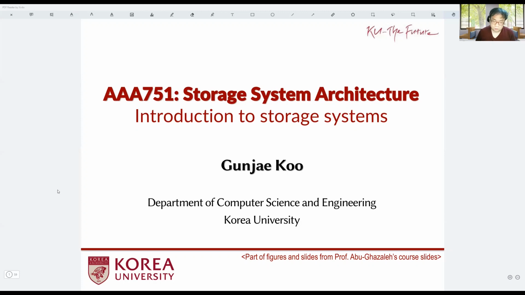In this course, we will learn about the storage system and we will focus on the solid state drive, because the solid state drive has flash memory, and flash memory is faster than the hard disk drive.